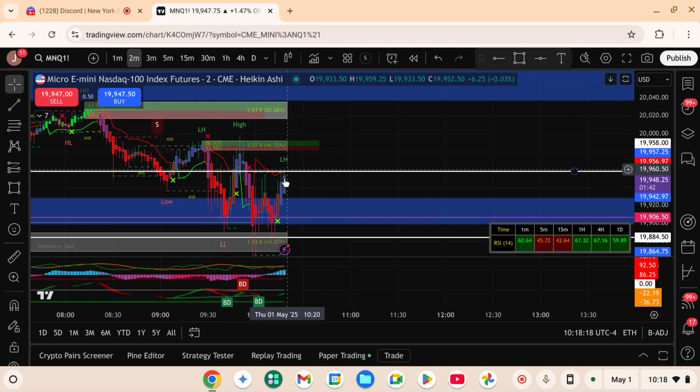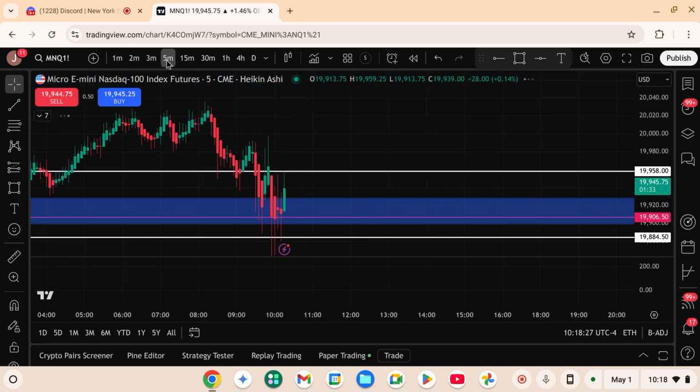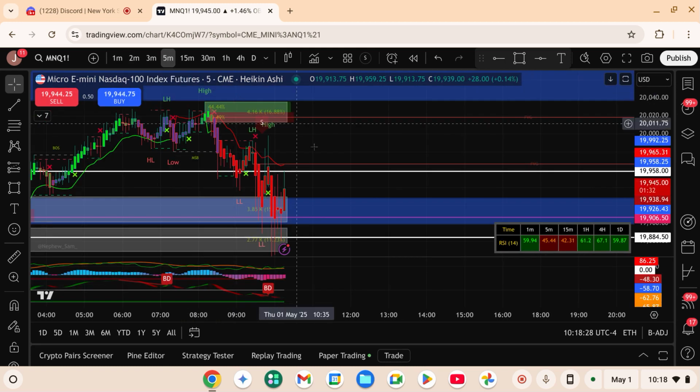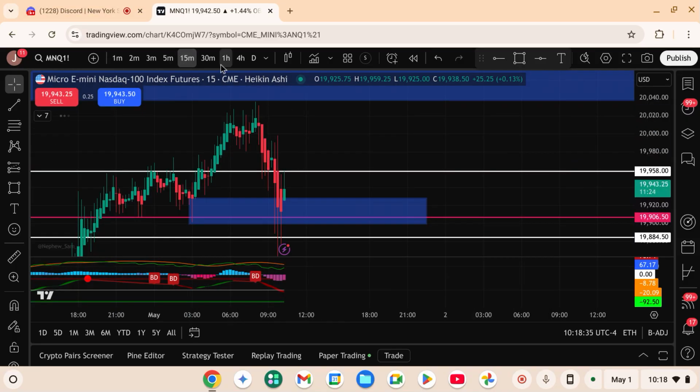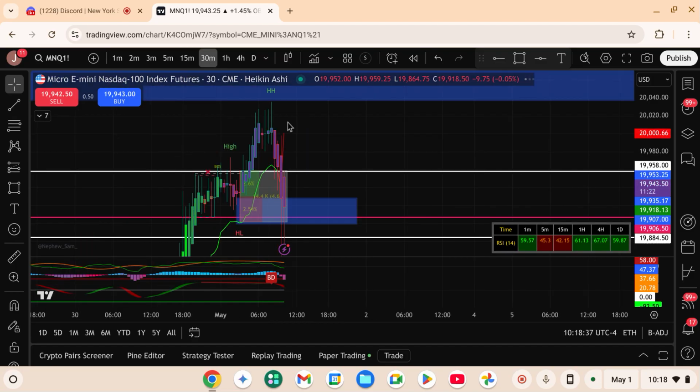That's a good sign that it wants to break, but the body has to come through it, not just the wick. See, the wick's just touching it, and that's the top of that half hour order block right here.